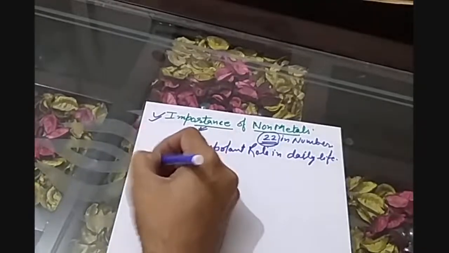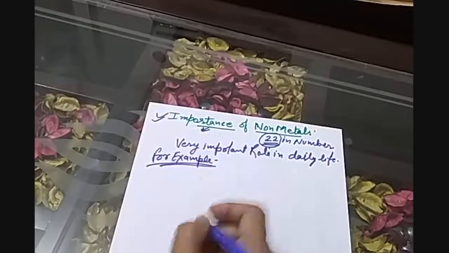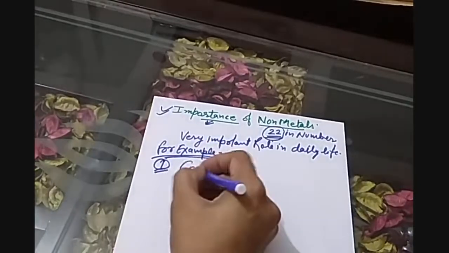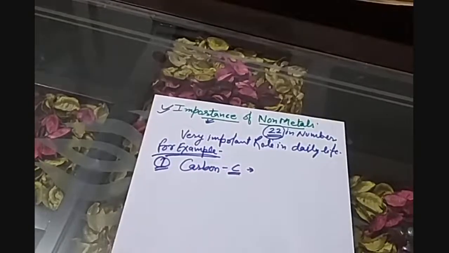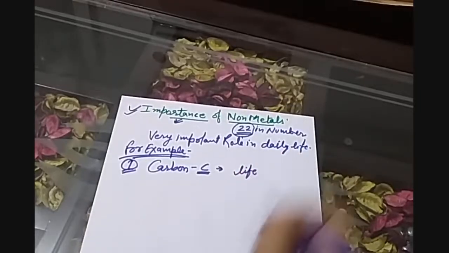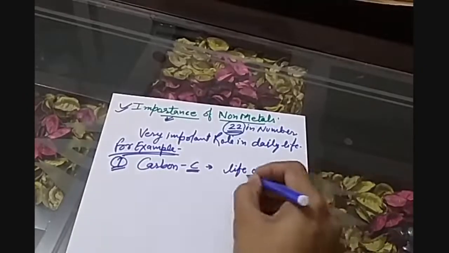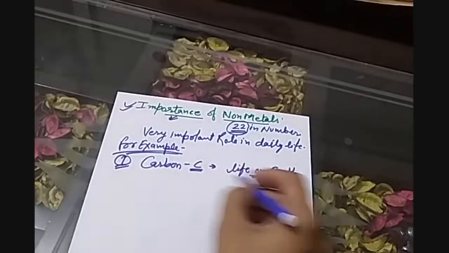Okay, so for example, the first and the most important non-metal is carbon, that is C. In our carbon and its compounds chapter we have studied carbon is the most important non-metal because all life on earth is due to the presence of carbon and its compounds.